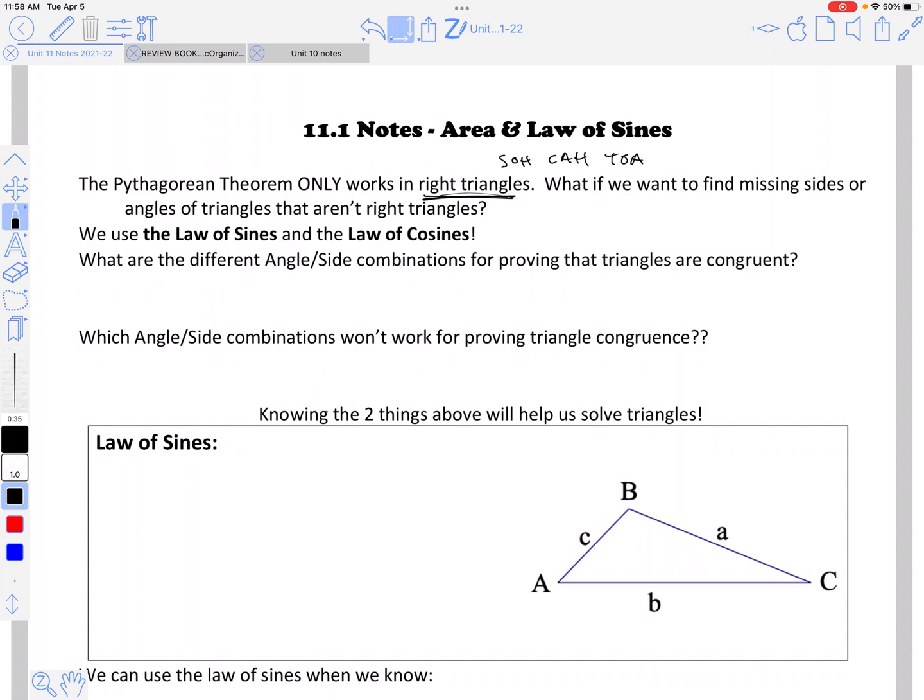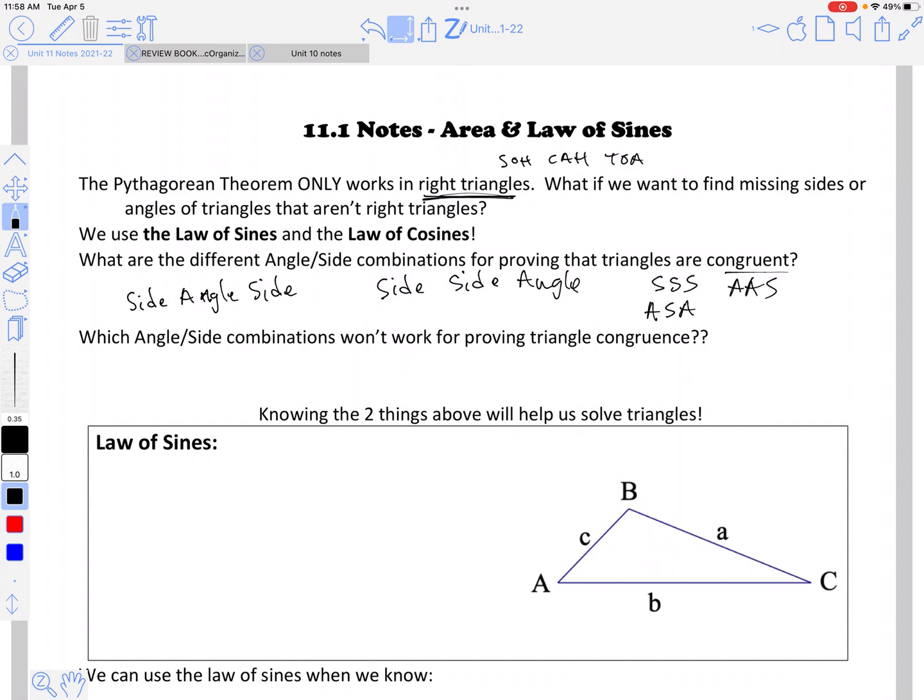Now this is going to pull back a little bit of the stuff that you learned in 7th and 9th grade math. You learned about angle congruency. So you learned about side, angle, side, and side, side, angle. You didn't write these all out, but you listed them like this: side, side, side, angle, side, angle, angle, angle, side.